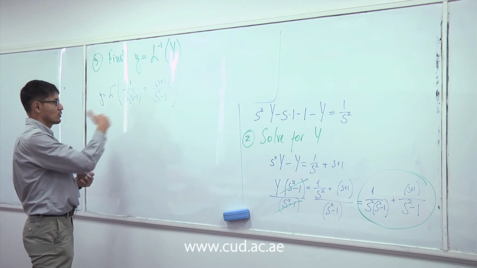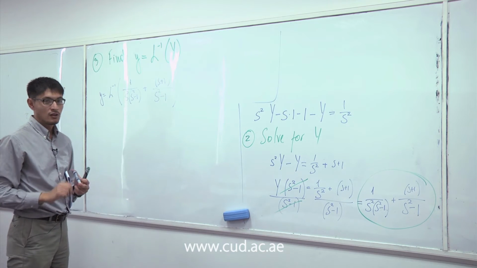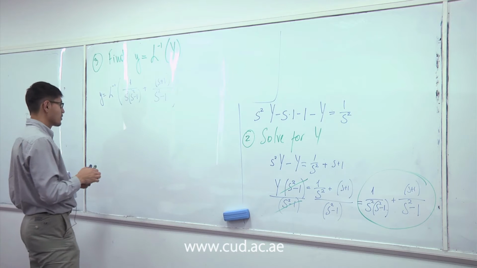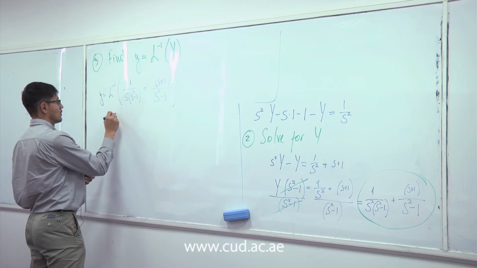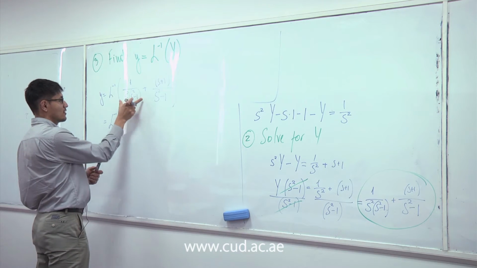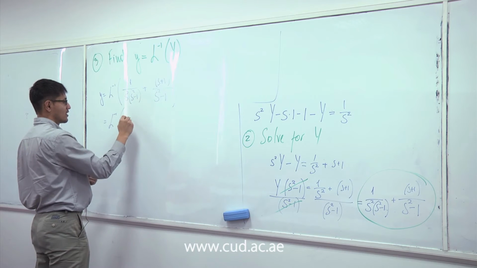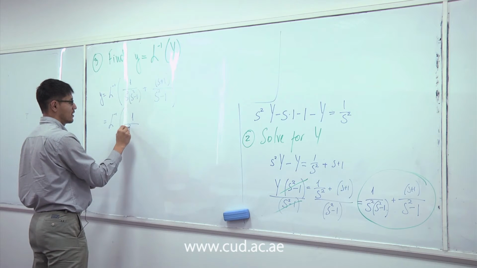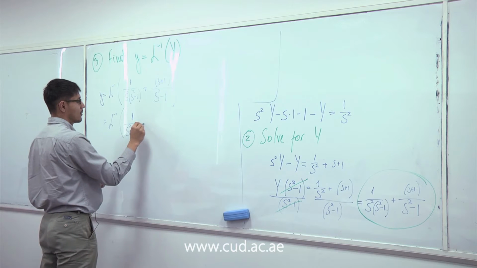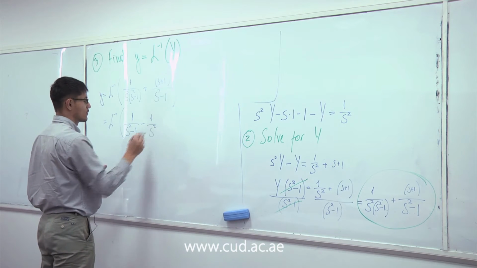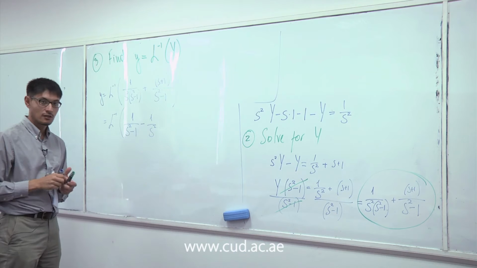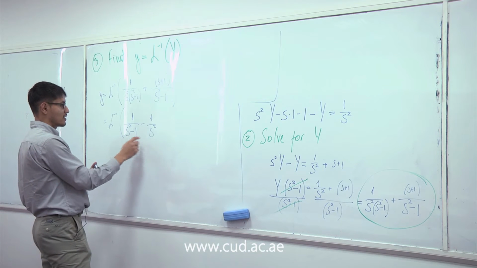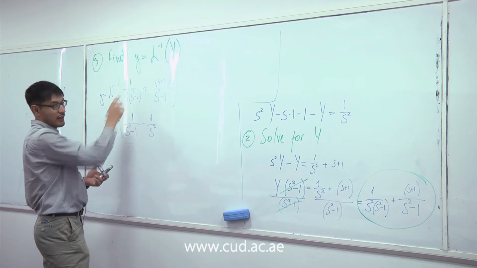Okay, so to find the inverse transform, let me do a bit of algebra first. I'm going to write this fraction as partial fractions, 1 over s squared minus 1 minus 1 over s squared. And you can check, if I subtract these two fractions, I'm going to get this fraction back.